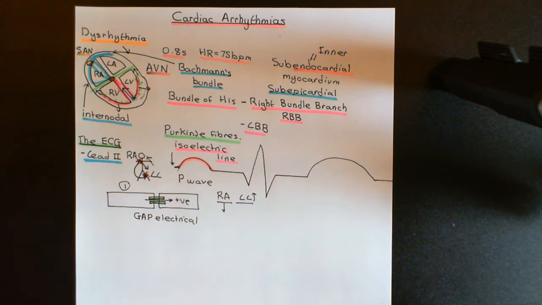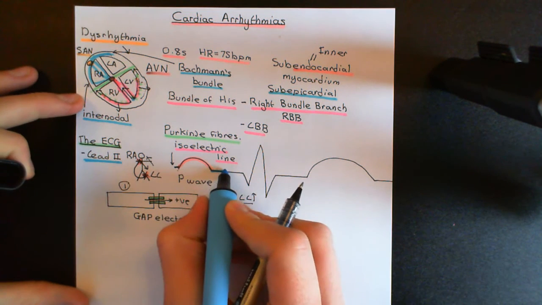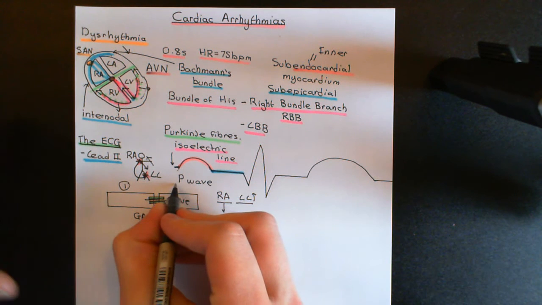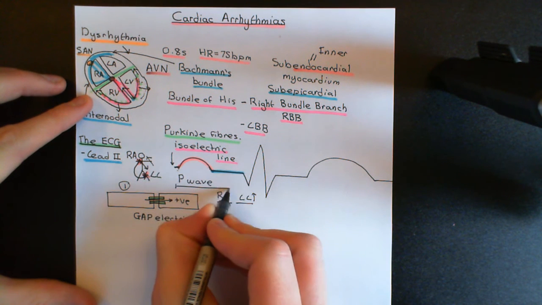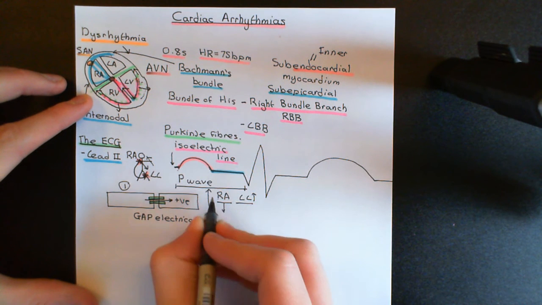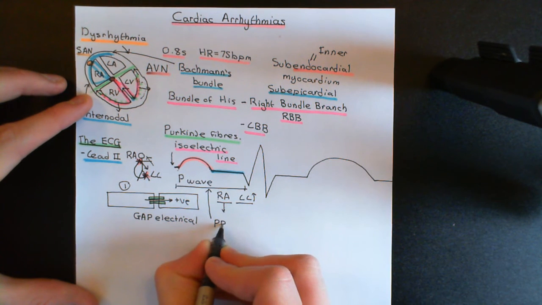Right, so the P wave represents atrial depolarization then. Let's now talk about this next portion of the electrocardiogram. And by the way, this entire portion here from the P wave, including this blue portion, this has a name. This is known as the PR interval.